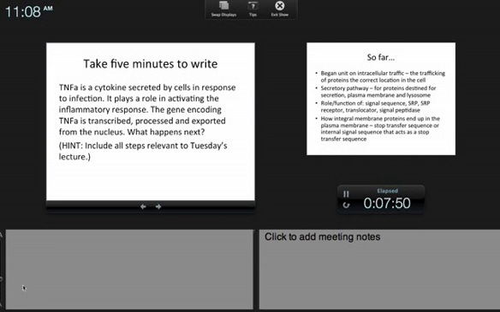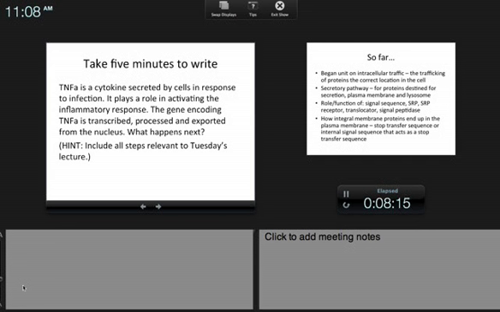I'll take some people's answers, but first I want to kind of teach you how to take this question apart and figure out what it's really asking. Your first instinct might be, I don't know what TNF-alpha is. I'm not an immunologist, right? Well, don't worry about that. Those are all distractors. What you need to do is pull that information out. TNF-alpha is a cytokine, blah, blah, blah. Secreted. That's your key word there.